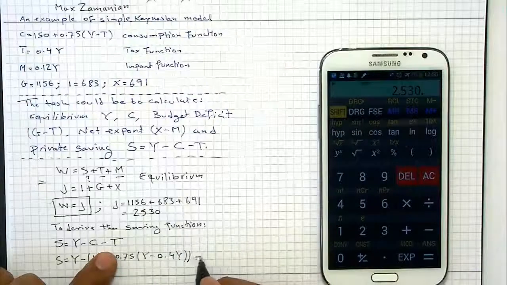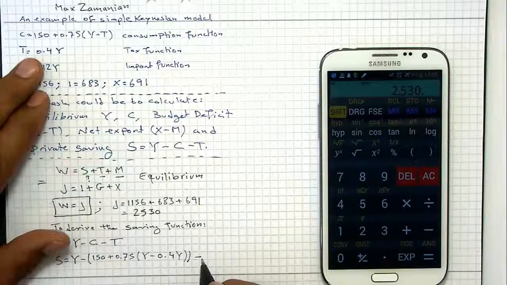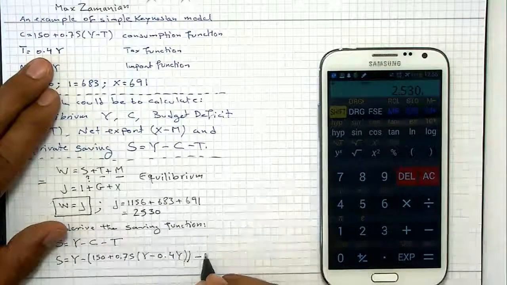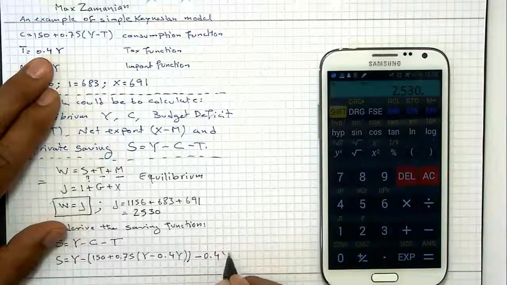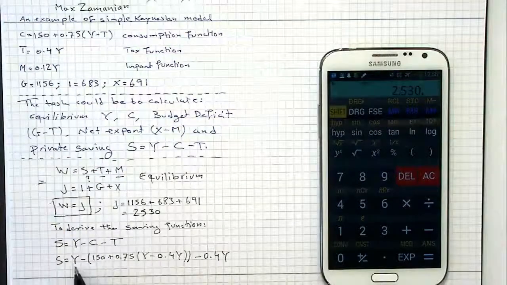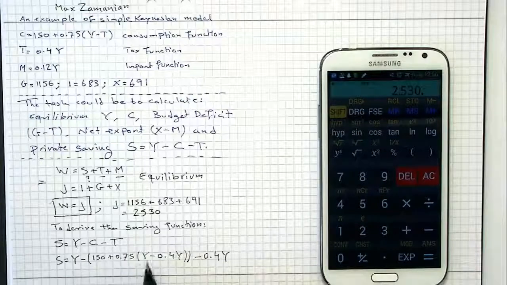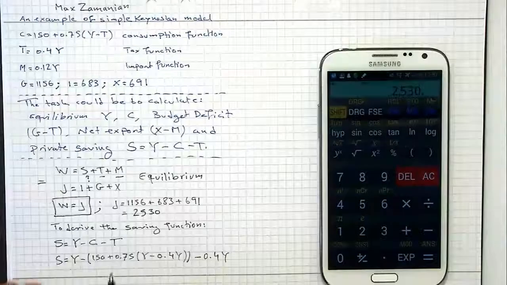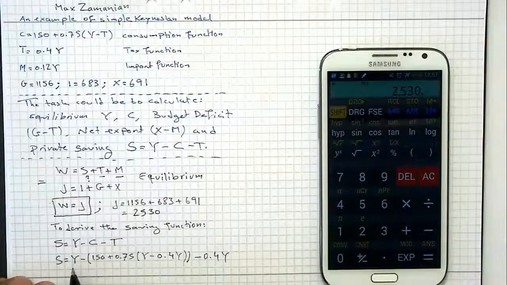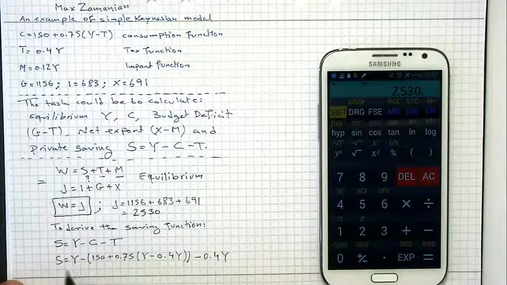And minus taxes again, instead of T, I replace T with 0.4 Y. So I have only Y's on the right hand side. So this saving will be a function of national income.